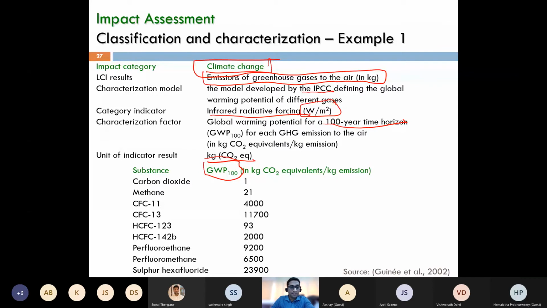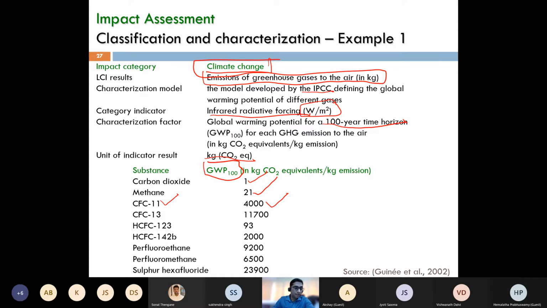So if I am emitting 1 kg of CO2, that is 1 kg of CO2. If I am emitting 1 kg of methane, that would be equivalent to 21 kgs of CO2. Now that number has changed and it's around 25 or 28. 1 kg of CFC 11 is equivalent to 4,000 kgs of CO2 equivalent.